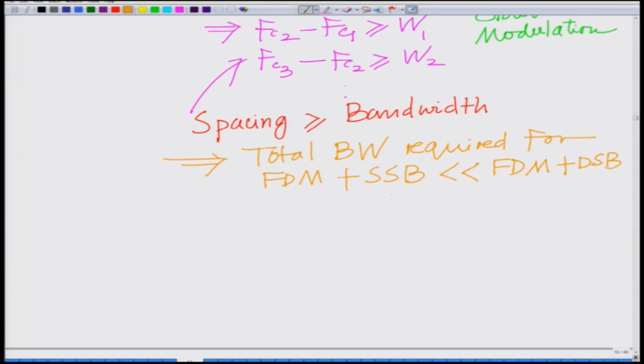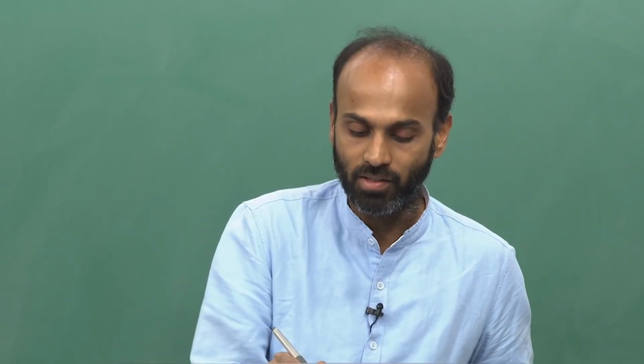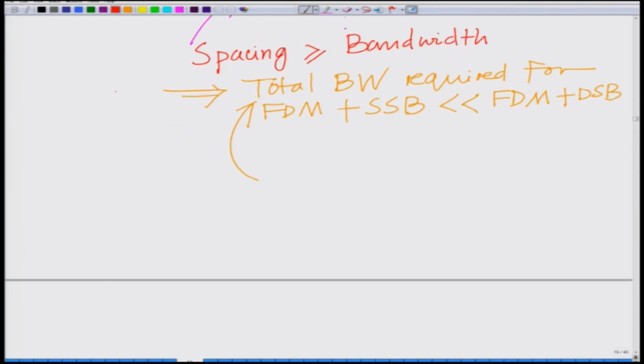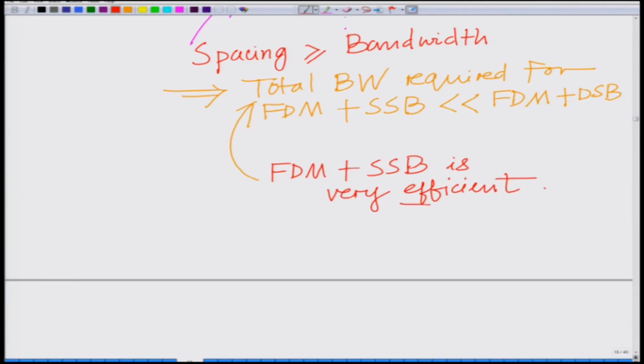In fact, FDM plus SSB requires half the total bandwidth of FDM with DSB, similar to the advantage of SSB over DSB. Therefore, FDM plus SSB is very efficient in comparison to FDM with double sideband.